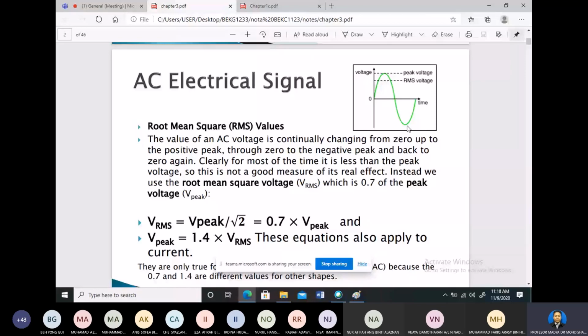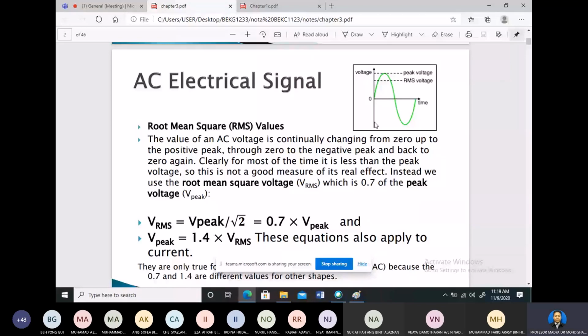For example, here is 240, and this one is also 240. Clearly, for most of the time it is less than the peak voltage, so this is not good to measure its real effect. Instead we use the root mean square voltage, which is 0.7 of the peak voltage.